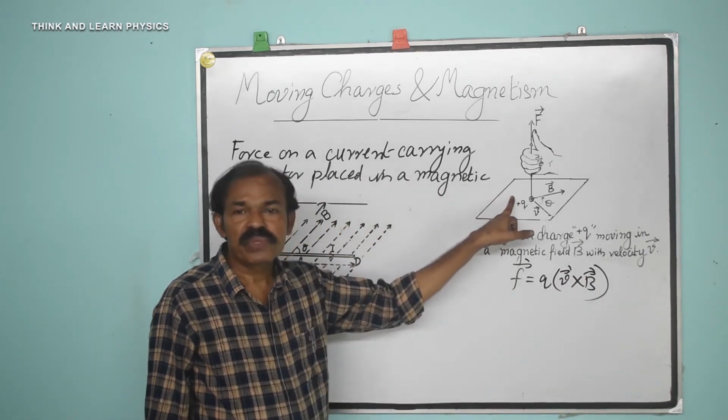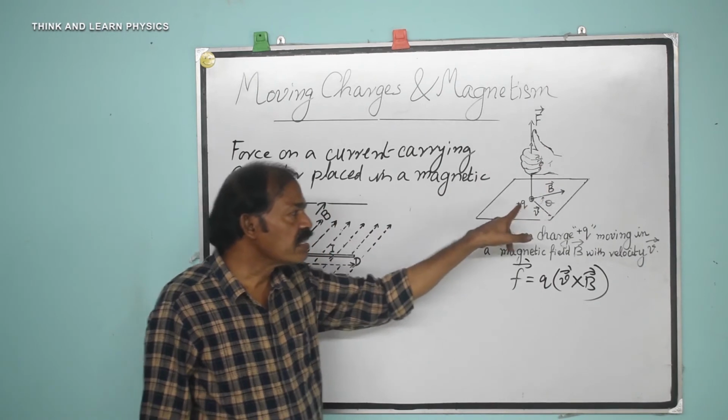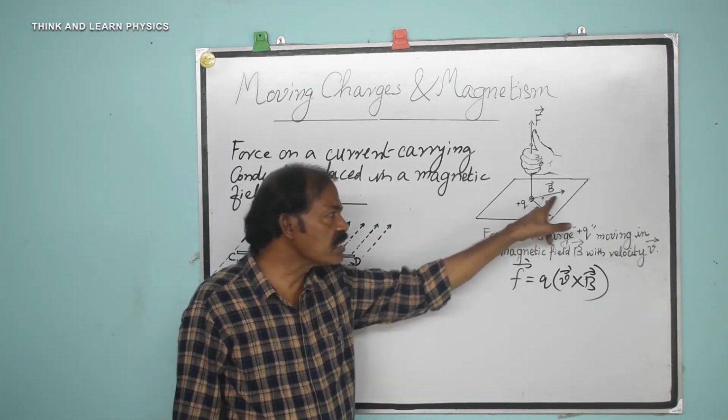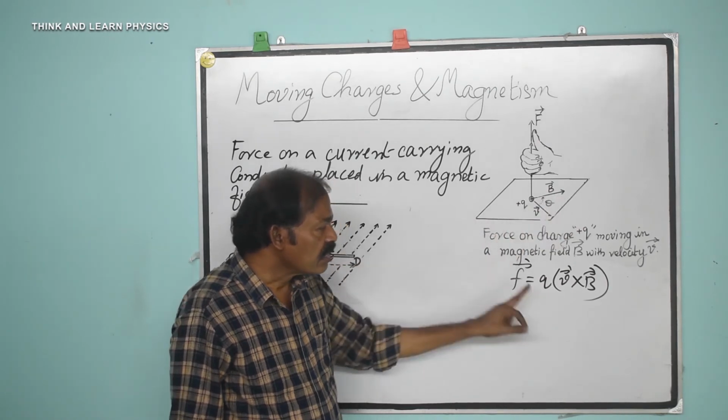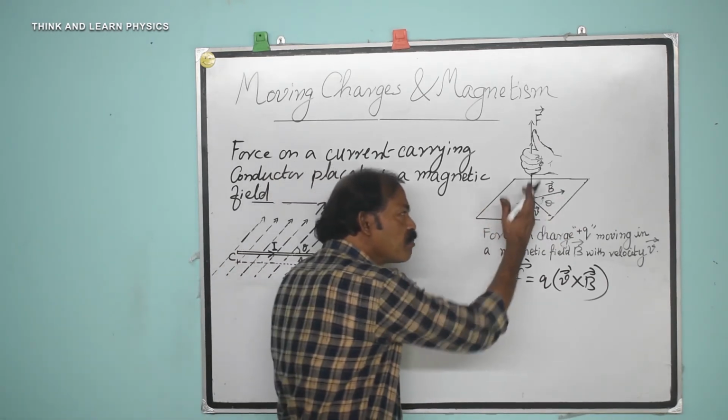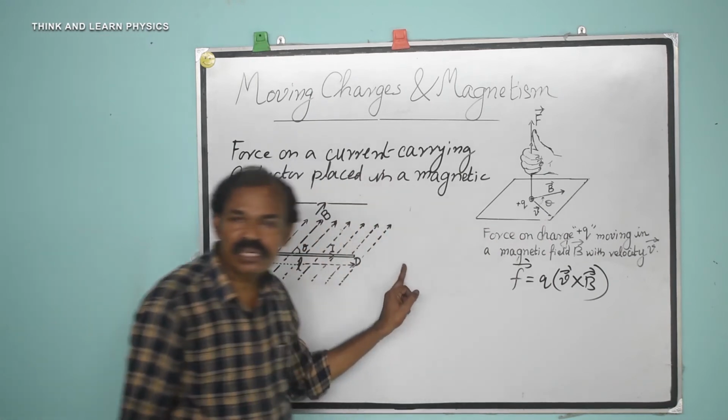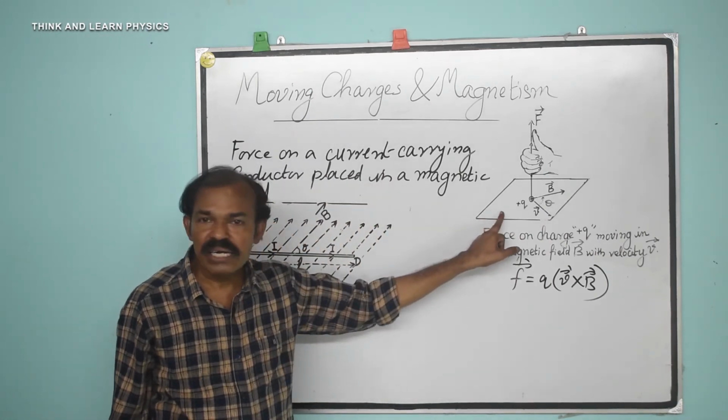This is represented in this figure. Here v is the direction of the velocity, B is the direction of the magnetic field. Then the direction of the force will be perpendicular to both v vector and B vector. This we have already learned.